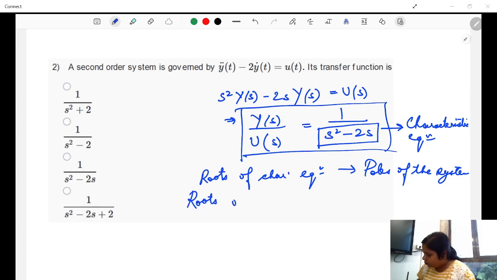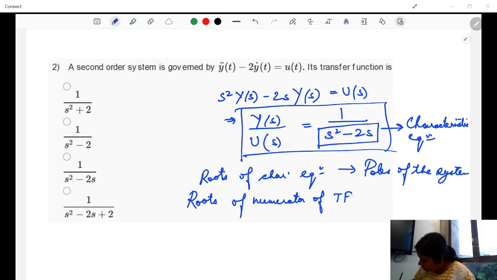Roots of the numerator of the transfer function are called zeros of the system.